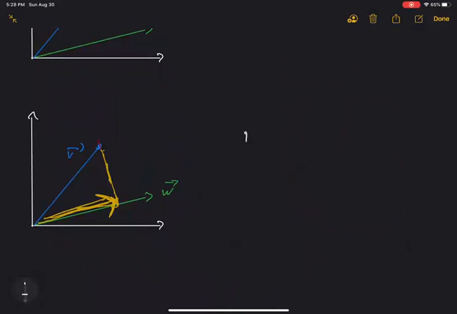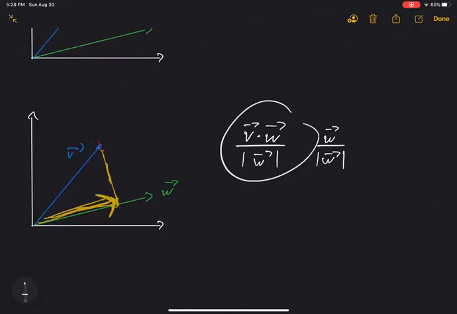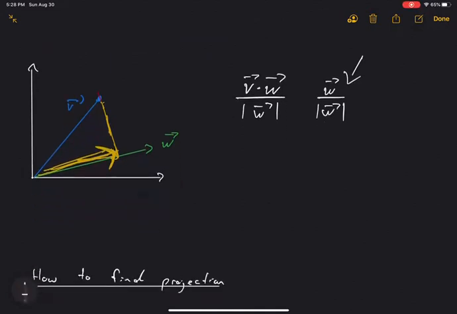I take the dot product of V and W, I divide by the magnitude of W, and then I multiply that by this unit vector. So this is a number, this is a number, that's a vector. So I get a vector scaled by some scalar.